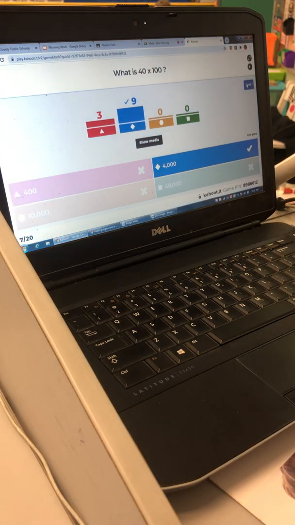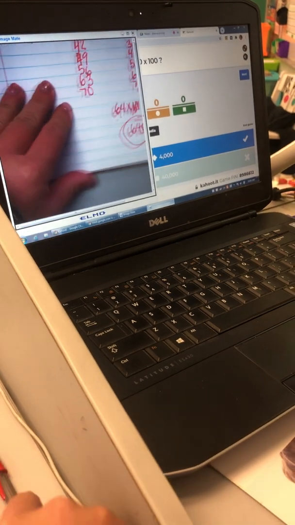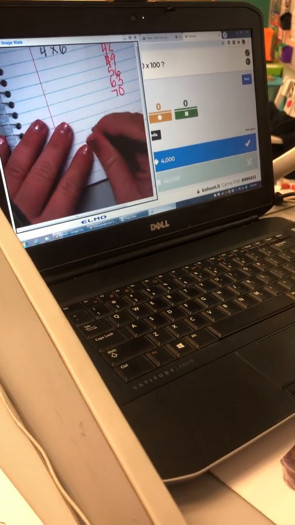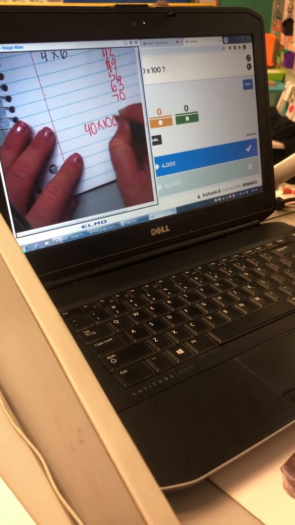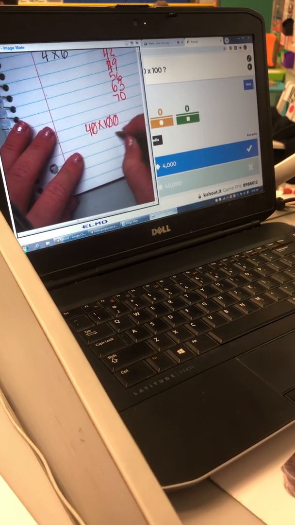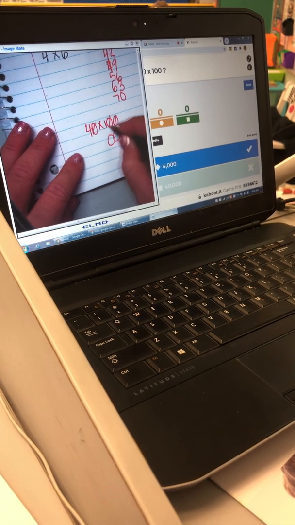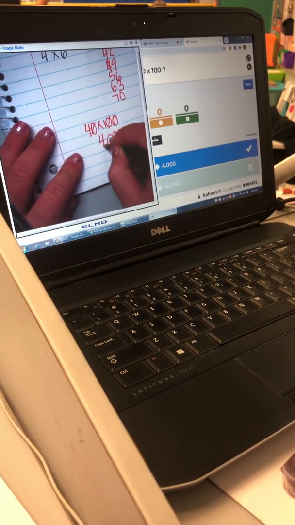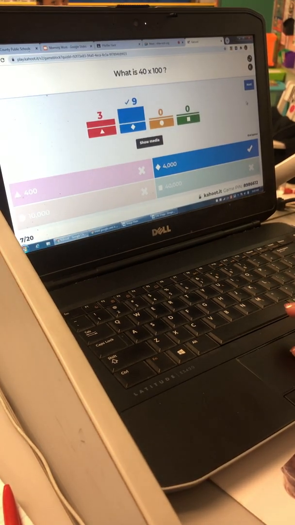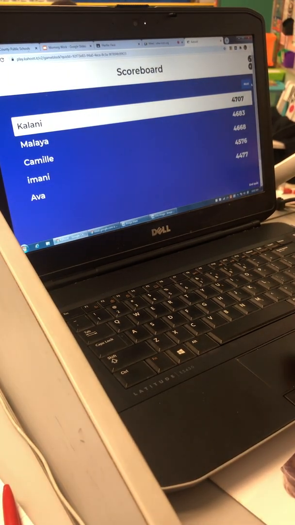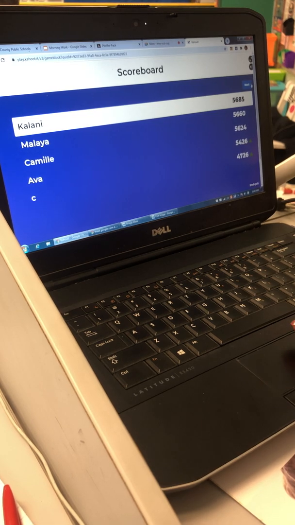Good job. All right. It is 40 times 100. 40 times 100. Take off all 3 zeros. 1, 2, 3. 4 times 1 is 4. The answer is 4,000. All right, let's look at our leaderboard.